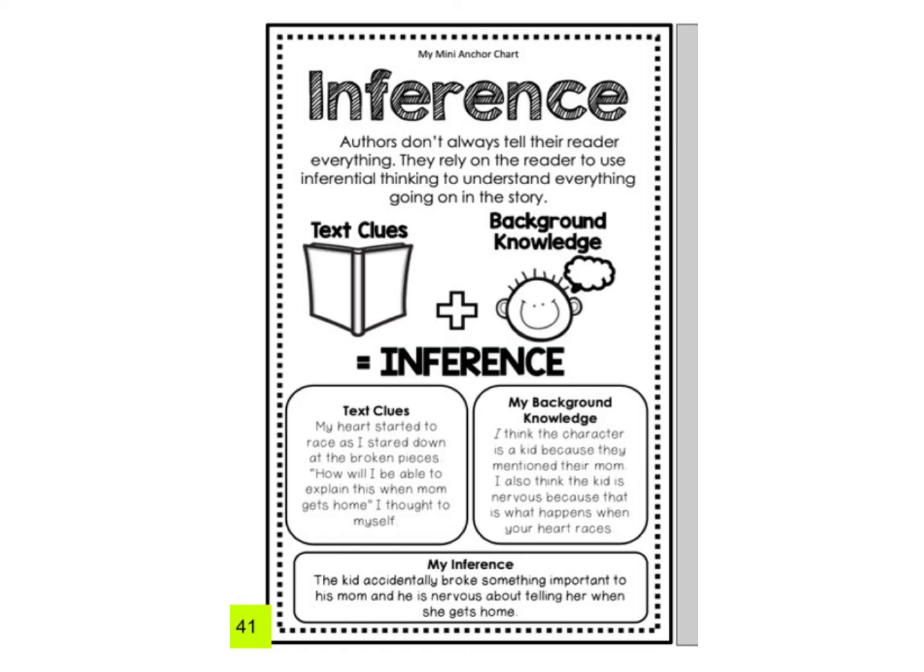Let's look at our notes on page 41 of our interactive notebook. Let's dig deeper into our notes and look at how they can help us understand more about making inferences. Our notes tell us that authors don't always tell their reader everything. I'm going to underline that.